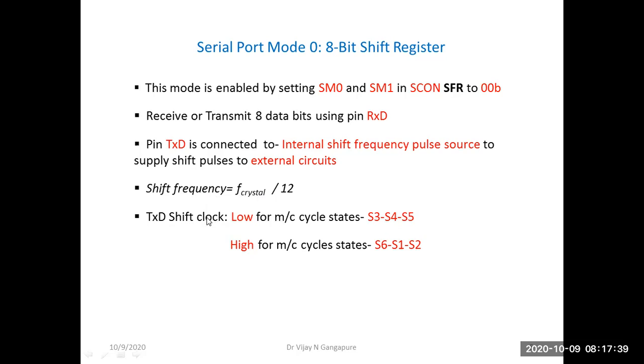So these 12 clock pulses can be divided into six states, in which each state consists of two pulses. So 6 multiplied by 2, that is 12.